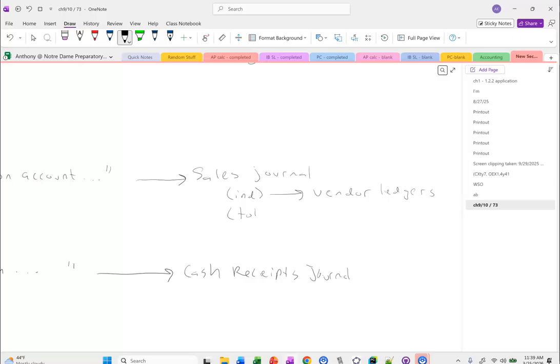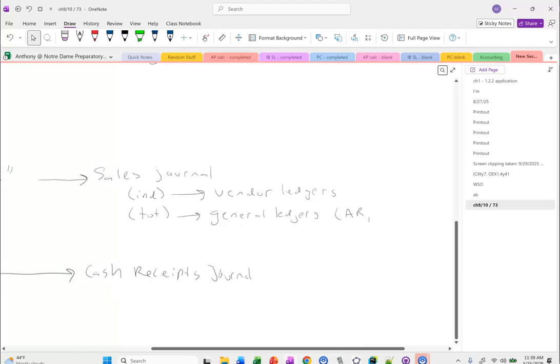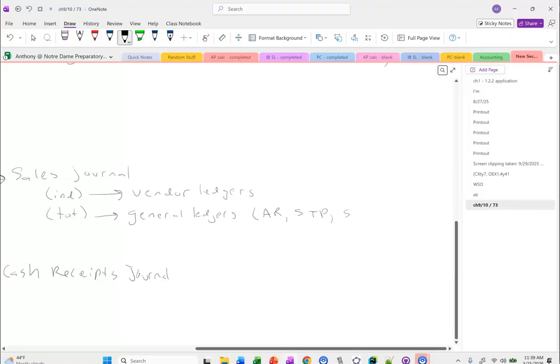And the totals from the sales journal then get recorded into our general ledgers. So that's like accounts receivable, sales tax, sales discount, all of those things.